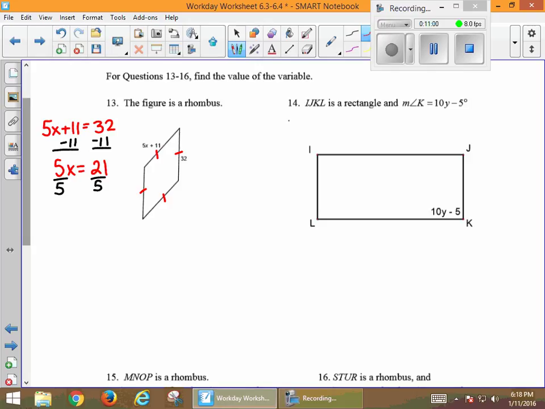And I will get x to equal 21/5, which does not reduce, but I can write that as a decimal if I would like, as 4.2. Either the improper fraction 21/5 or the decimal 4.2 would be sufficient.